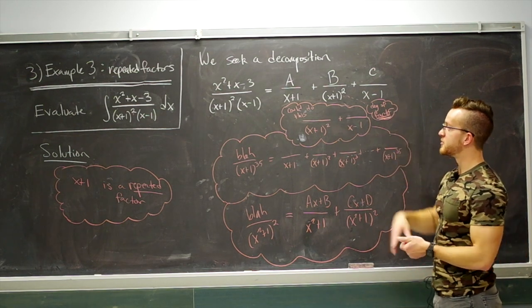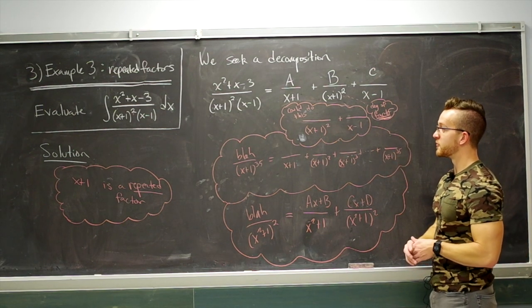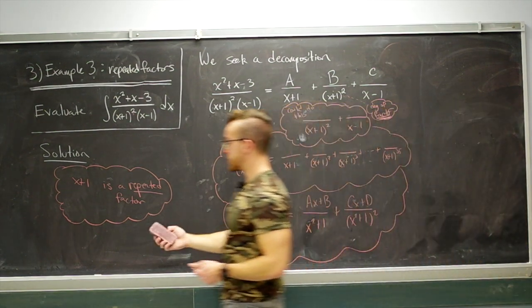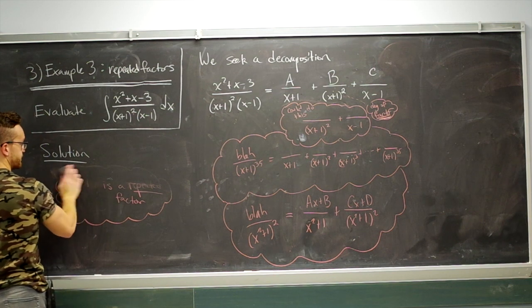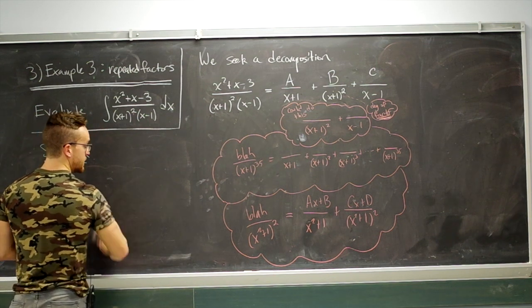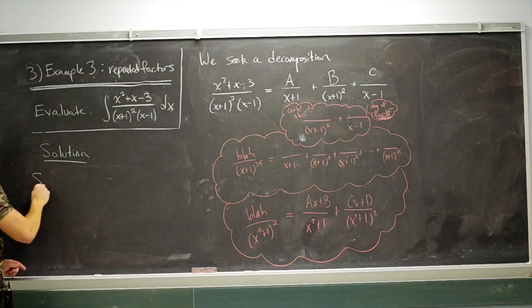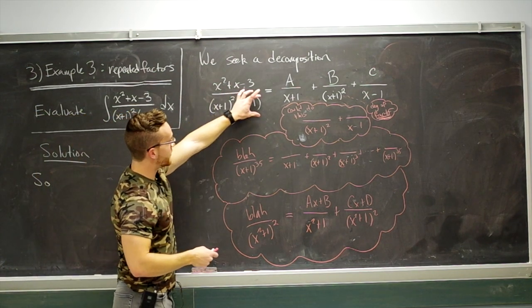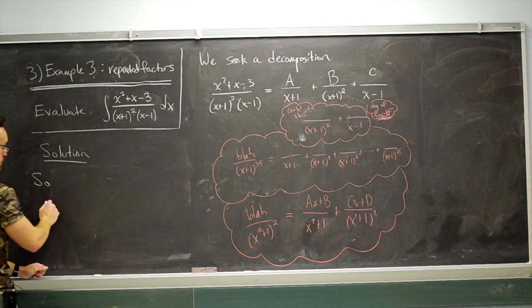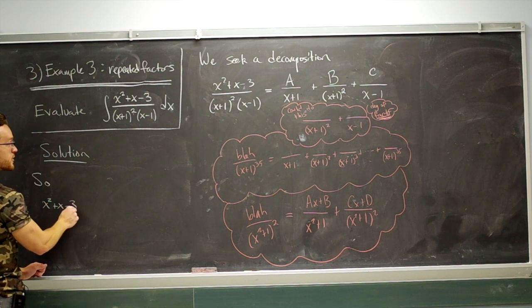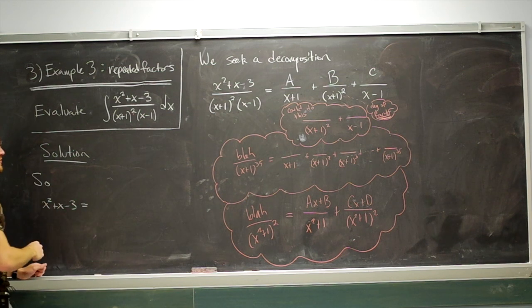Let's clear denominators and see if we can figure out what these coefficients are. I don't have much room over here, so let me go back over here. Clearing denominators, if I multiply through by the denominator on the left, as always, we'll get x squared plus x minus 3 equals.